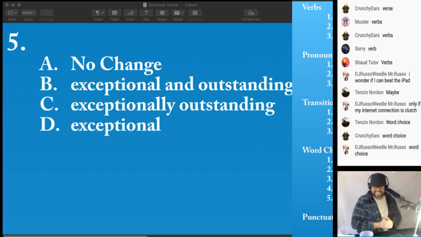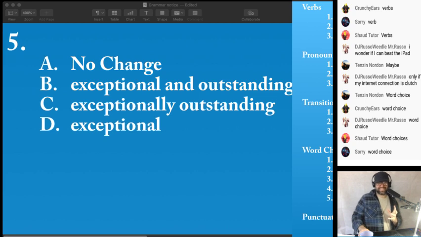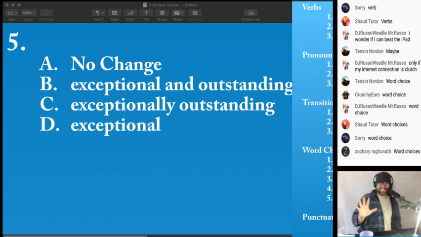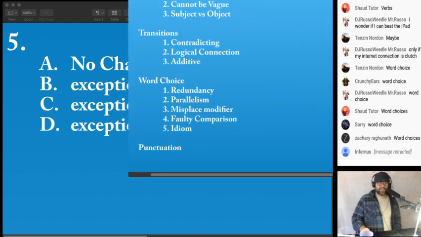Good. Yes. Great. So, because it's word choice, it can be one of 5 things. Let's do this one together, without looking at the answer choices. It's not A. Obviously, it's not A. What can word choice be? Word choice can be redundancy, which means you repeat yourself, parallelism, which means all the verbs and phrases need to match, misplaced modifier, faulty comparisons, which mean comparing two incompatible things, or idioms.